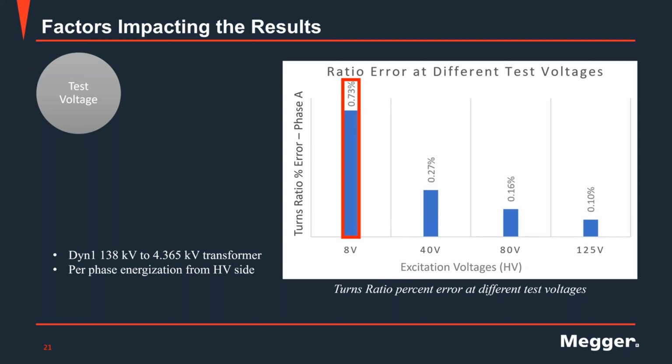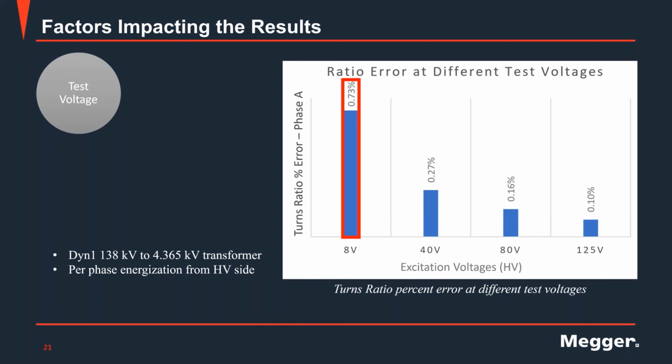And all transformers have a degree of voltage dependency, right? We are obviously not testing at rated voltage, right, which is 138 kV, but a much lower value. But the principle of operation doesn't change. It's just that, again, we are looking at a voltage dependency when we perform the test.